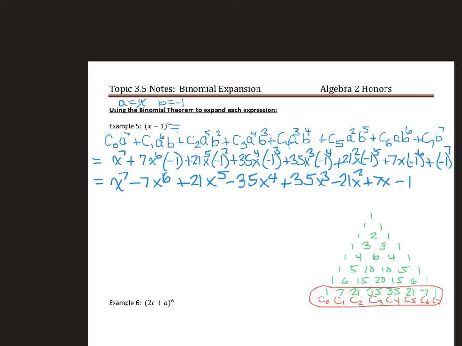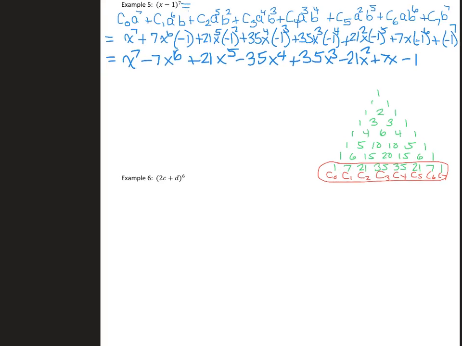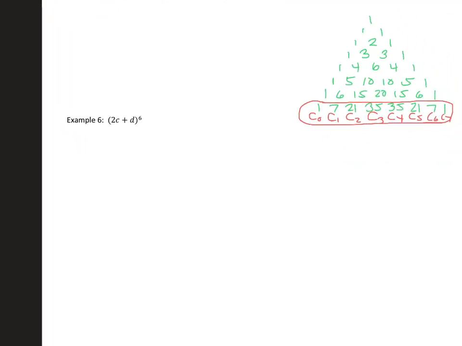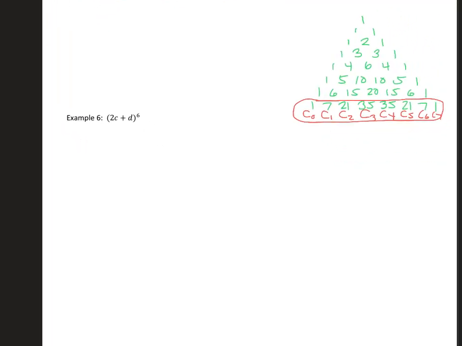Okay, let's try another example that's a bit more algebraic. So in this example here, I have my a term equals 2c, and my b term just equals d, and my n equals 6.